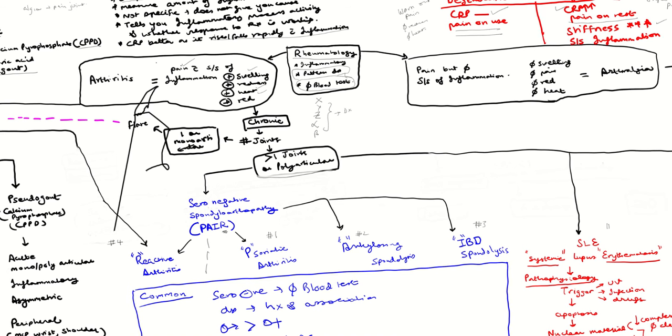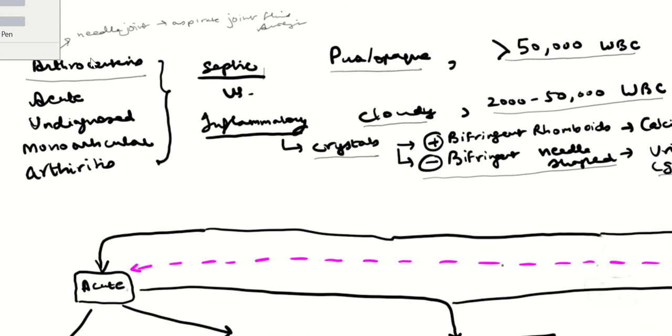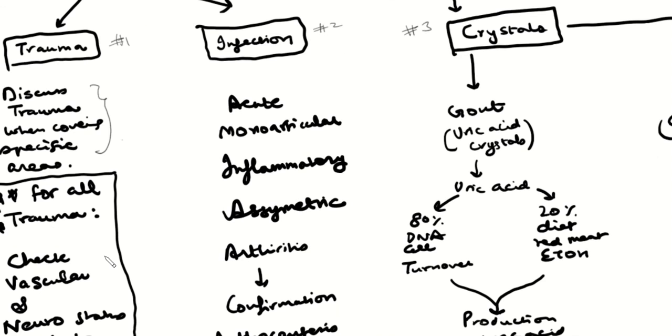Okay, now let's just talk a little bit about trauma and we'll get it out of the way. When we look at trauma in your question or with your patient, there's going to be a very specific history of trauma. So again, trauma, we will try to cover it separately as an entity by itself.